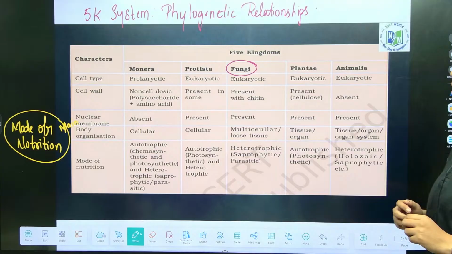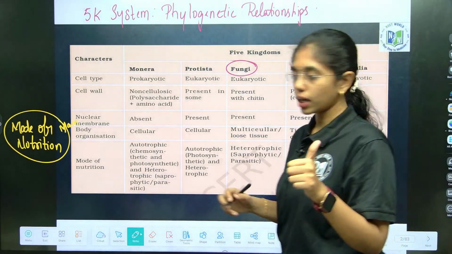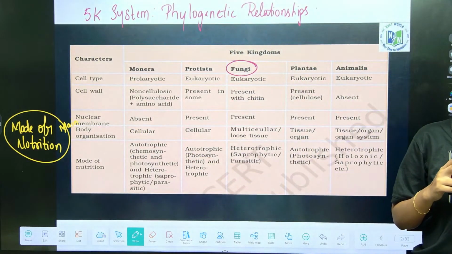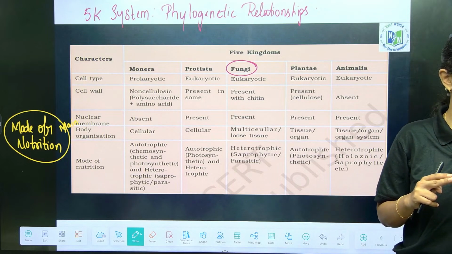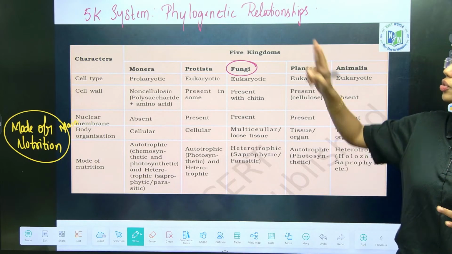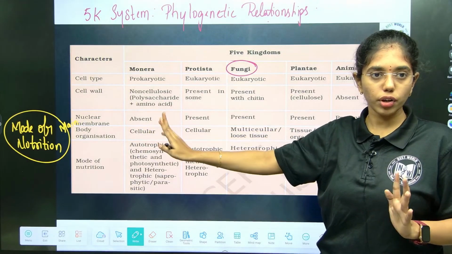So, here if you see, first is cell type, cellular organization, then thallus organization, mode of nutrition, reproduction, phylogenetic relationships. These are the 5 criteria which were taken into consideration, because of which it is widely accepted, and the main criteria is mode of nutrition.